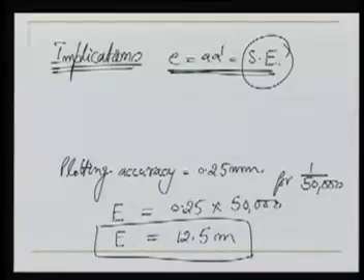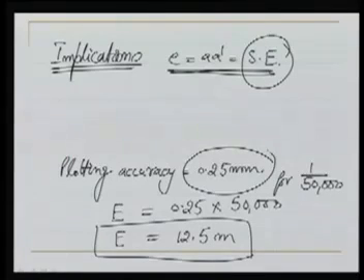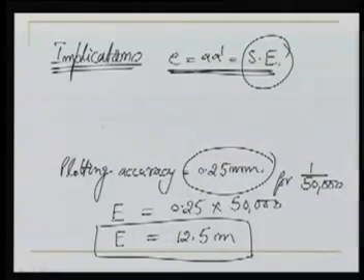Well, if our plotting accuracy of the map is 0.25 mm, we take it like that. How much miscentering is possible within that plotting accuracy? The plotting accuracy means a dot here. If this dot is 0.25 mm, the minimum which we can plot, we cannot measure within this dot.